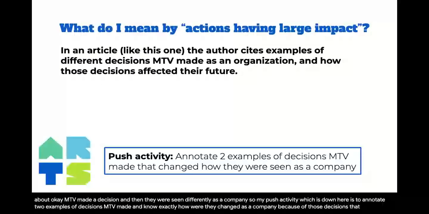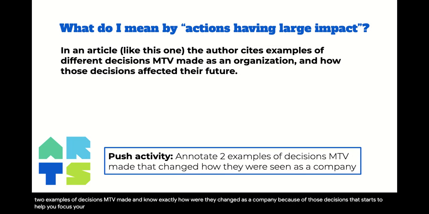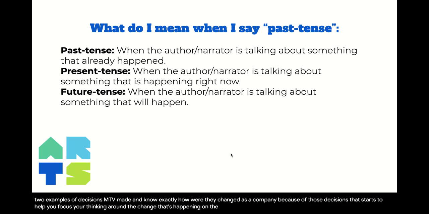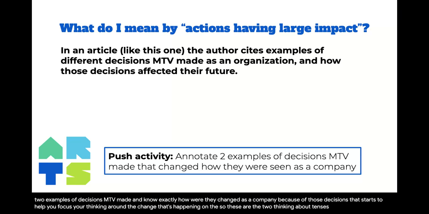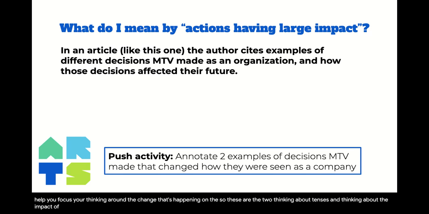That starts to help you focus your thinking around the change that's happening. So these two, thinking about tenses and thinking about the impact of actions, will really help you process this text and think about the change from when MTV began as a company to where it is now.